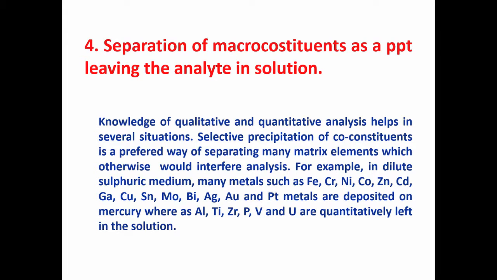For example, in the college experiments, group 2 chemical analysis says add dilute sulfuric acid medium, and iron, cobalt, nickel, zinc, chromium, cadmium, all these metals are deposited on mercury.